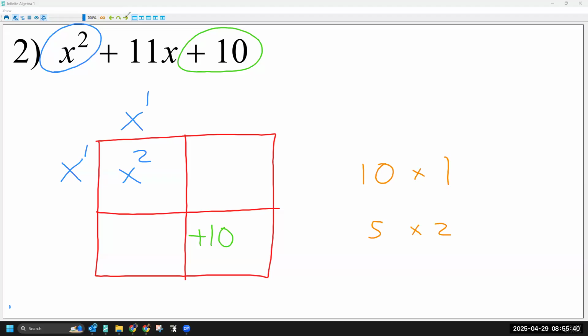They multiply to make a positive, and they need to add to make a positive, so I don't have to do anything about negatives. So which one adds to make 11? Yeah, so 10 plus 1 is 11, 5 plus 2 would be 7. So 10 and 1.